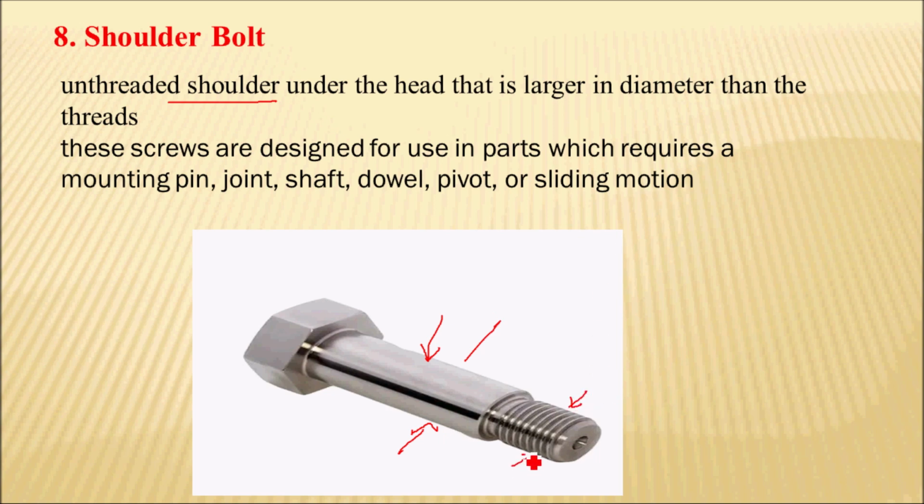This threaded part is smaller in diameter as compared to this unthreaded part. That is the shoulder bolt. These screws are designed for use in a part which requires a mounting pin, joint, shaft, dowel, pivot or sliding motion. In those applications, this shoulder bolt is preferred.